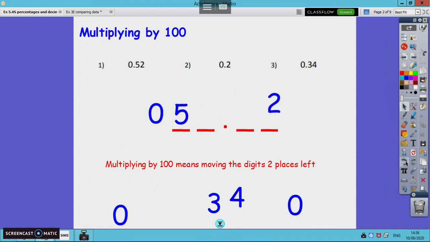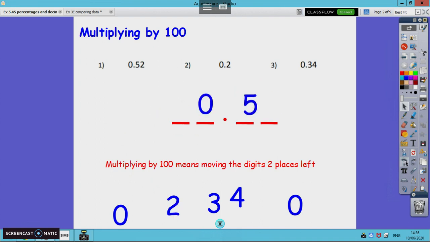Let's have another go at 0.2 this time. So if we have 0 and 2 there, so 0.2, and we've got to multiply it by 100, so moving everything 2 places to the left. So 1, 2, 1, 2.